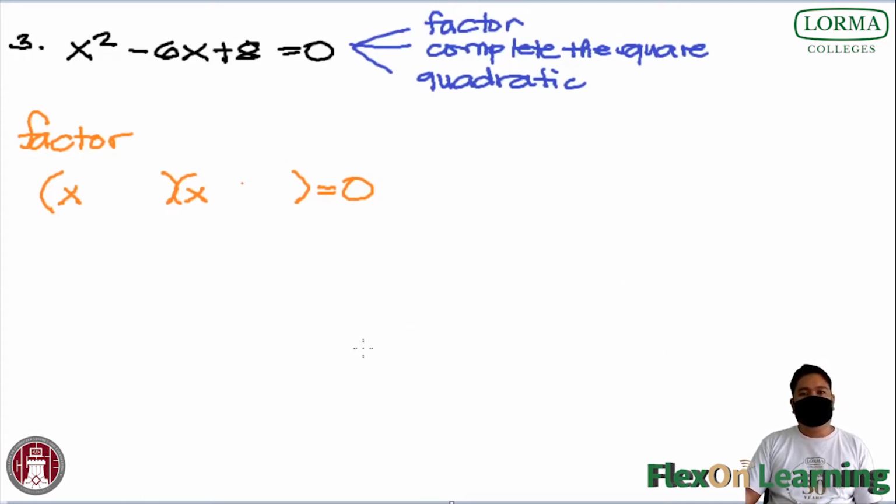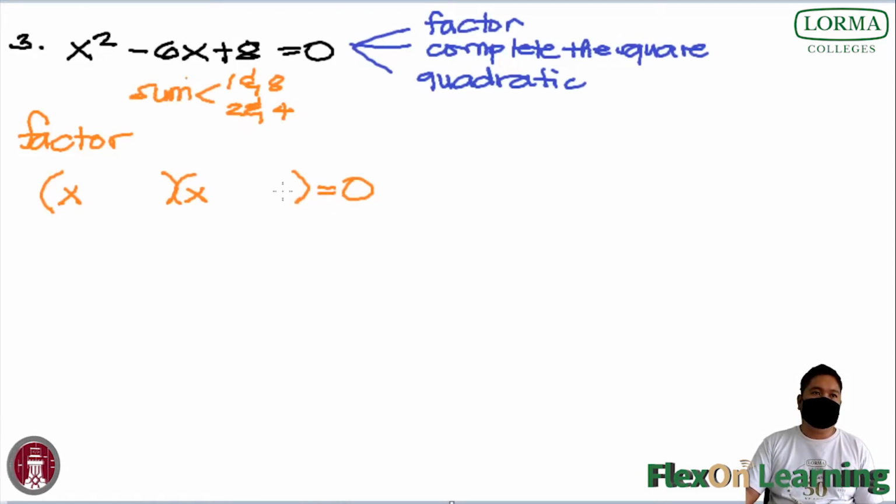Then think of two numbers whose product is 8. So there are only two possible outcomes. That would be 1 and 8, and 2 and 4. Okay? Then find their sum and compare it here.